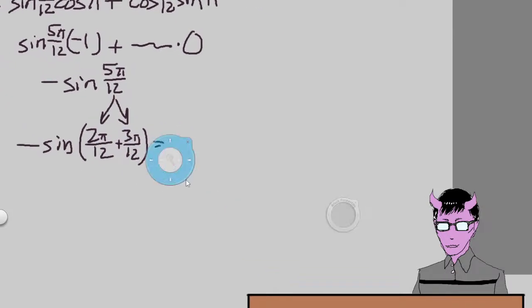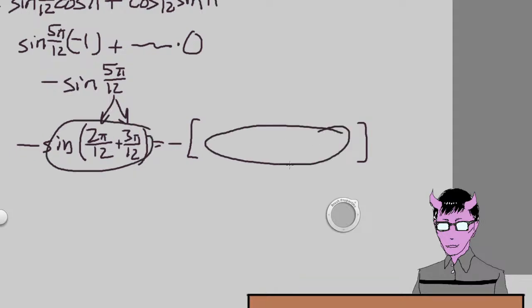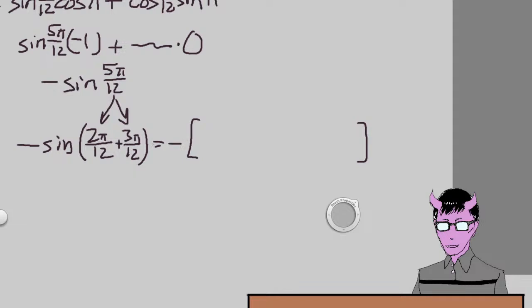Let's do the expansion for this one. It's the sine function again, so copy paste the negative, but I'm going to do the brackets. Once we deal with the negative outside the brackets, then we just treat this as the entirety of the inside of the brackets. So this is just sine with the sum, so it's going to be sine, cosine, cosine, sine, with the plus between those two.